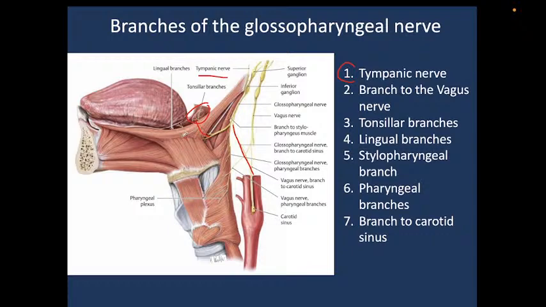Lingual branches are responsible for the common sensory and taste sensitivity of the dorsal third of the tongue. Pharyngeal branches go to the muscles of the pharynx, and the small and thin branches go to the glomus caroticus, or carotid sinus, that is responsible for getting information about our blood pressure and about the concentration of carbon dioxide in our blood.